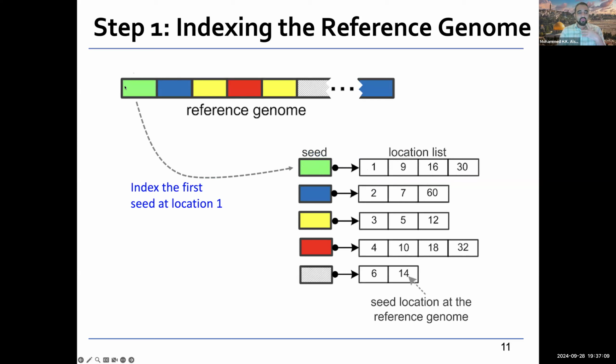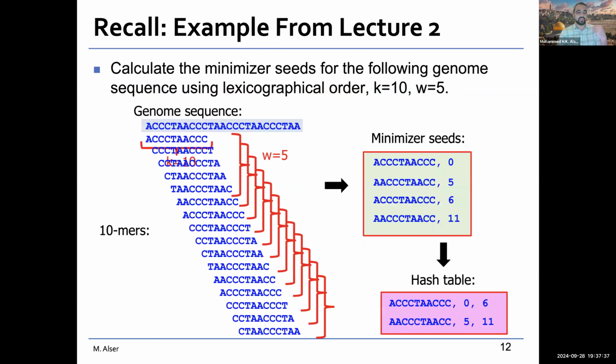So we have the green seeds over here, assume the length is, for example, 16 characters in this chunk, right? And what we record over here is the location of the first character in that chunk, whatever it is, 0, 1, 2, 3. And then we build the index with that. And you already have some examples on how we collect minimizer seeds and how the hash table would look like out of those seeds that we collect.